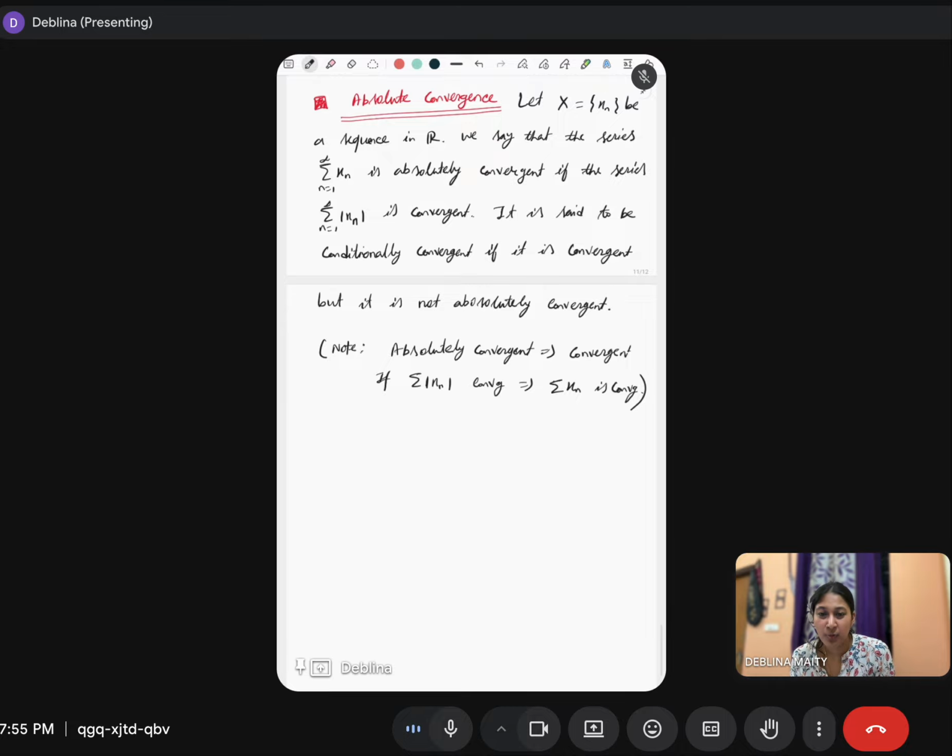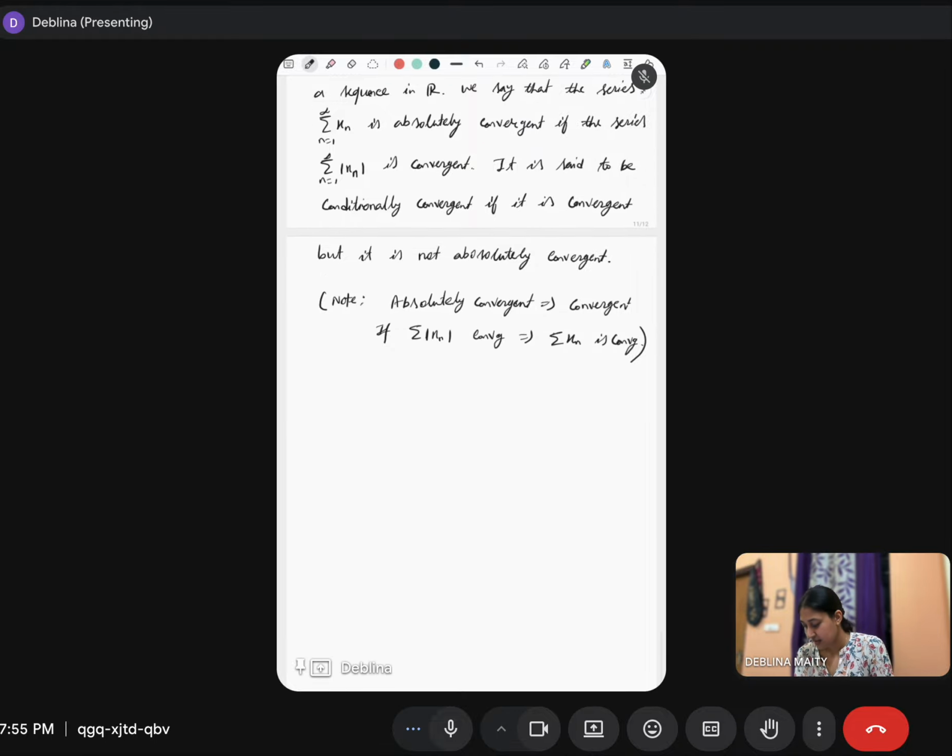Just use the Cauchy criteria and triangular inequality. Okay. This is a homework.